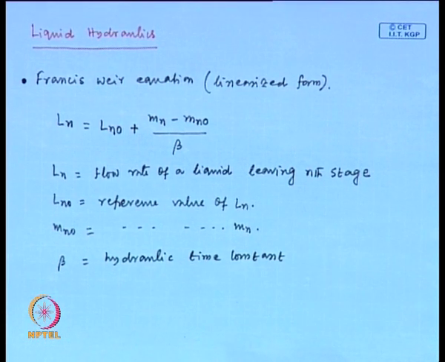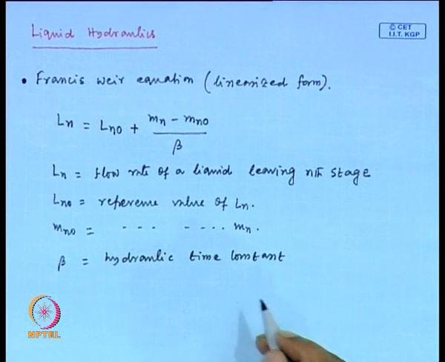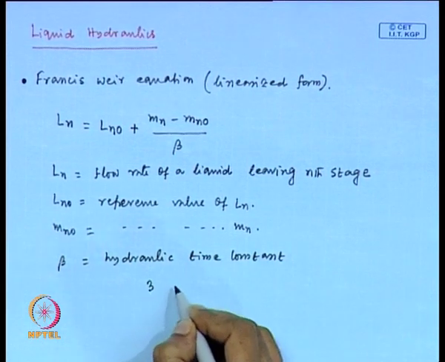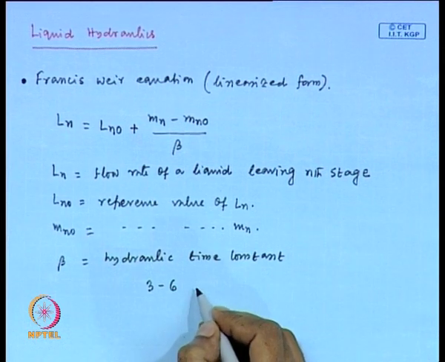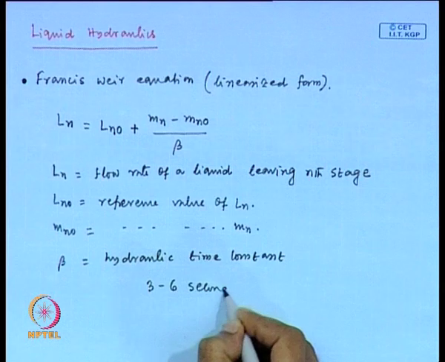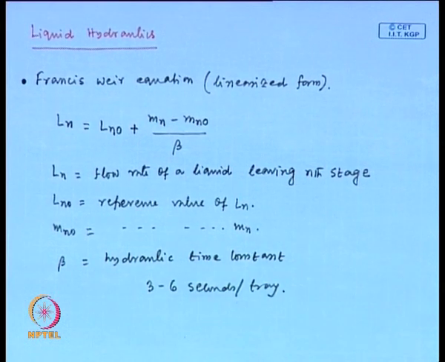The value of beta is typically taken in between 3 to 6, not minutes, seconds, for each tray. Fine. So, beta is the hydraulic constant, it is typically 3 to 6 seconds for each tray.